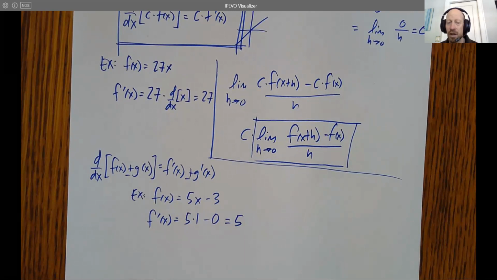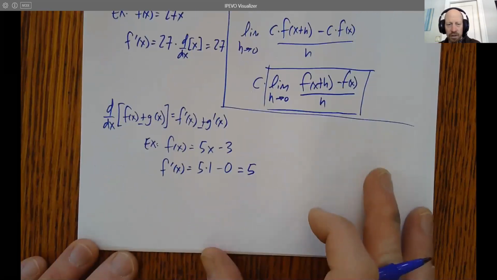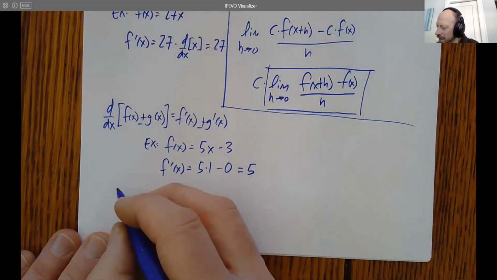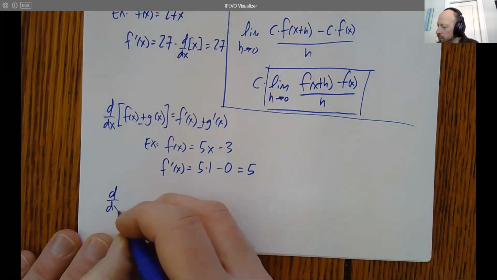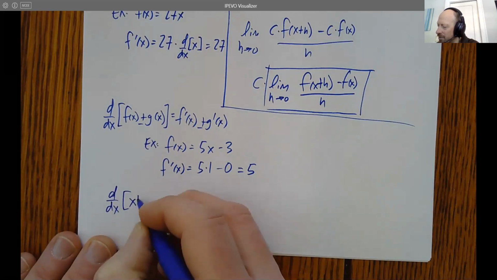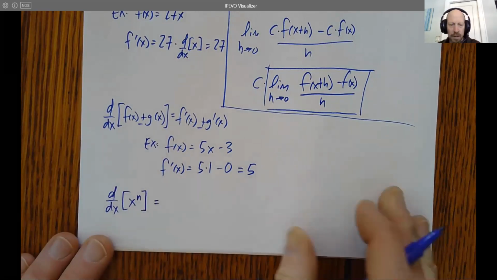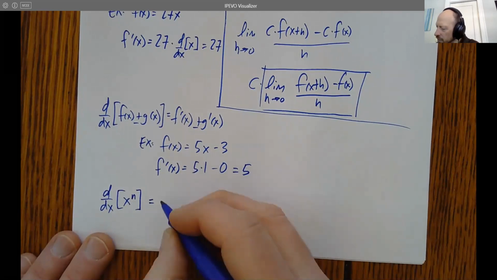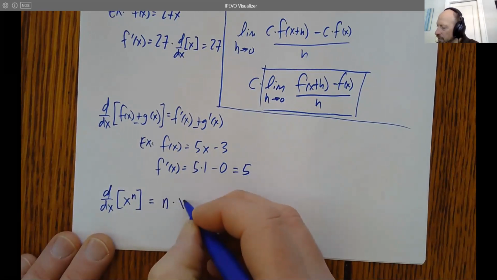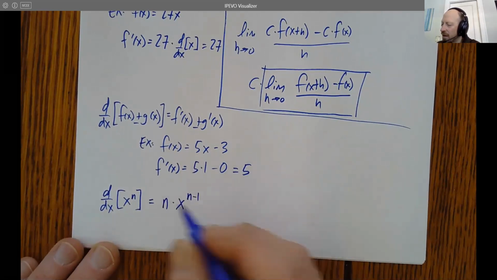Couldn't see otherwise. So the other thing we're missing here is, what do I do with x squared or x cubed? Those are parts of polynomials, and luckily for all of us, we have a rule for that. The derivative with respect to x of x to the n, it turns out, is equal to n times x to the n minus 1.